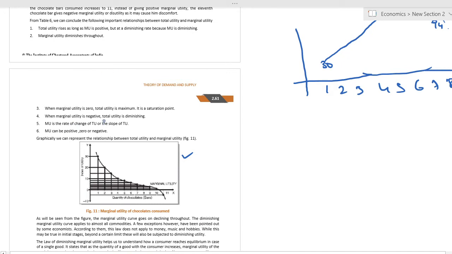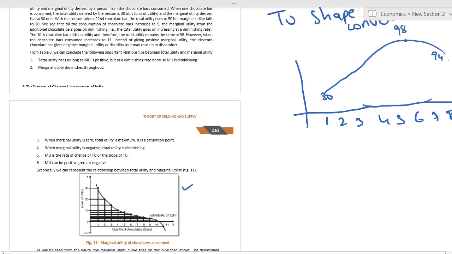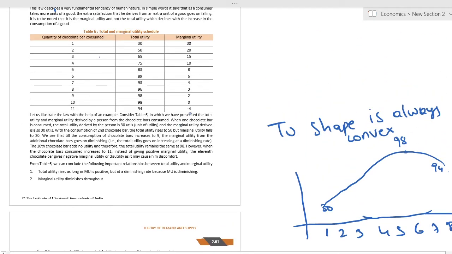When MU is negative, TU is diminishing. From 98 to 94, it is decreasing. Diminishing is nothing but decreasing. So when MU became negative, it started decreasing. That's what they want to see.